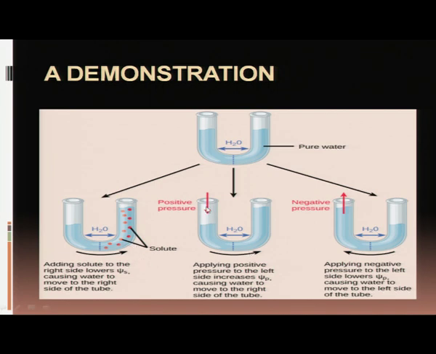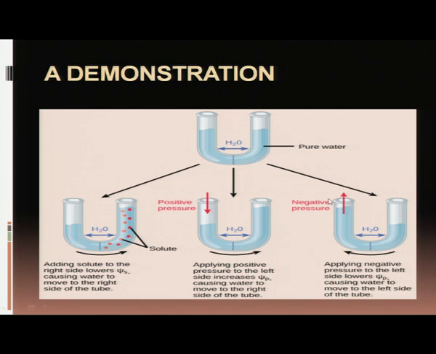Similarly, if positive pressure is applied, what will happen? The pressure potential will increase. So, here high water potential is there, or low water potential is here, water will move from high to low. However, if a negative pressure is applied, what is negative pressure? Suction or pulling force.